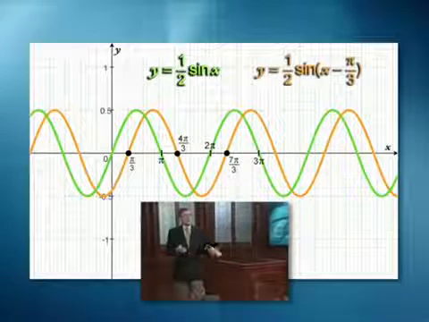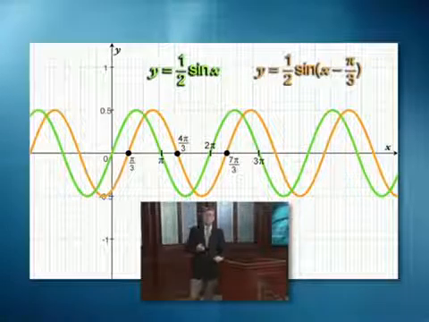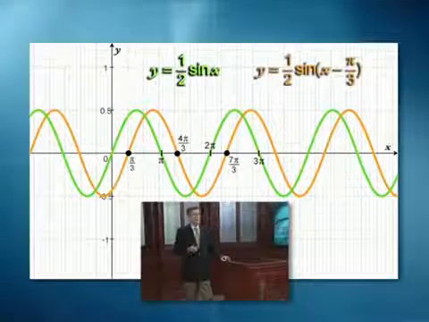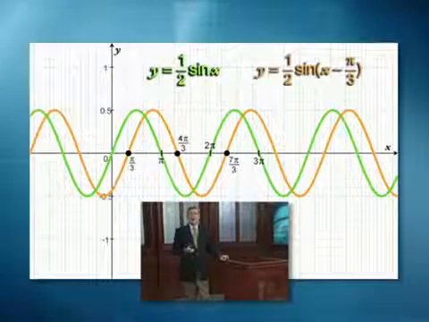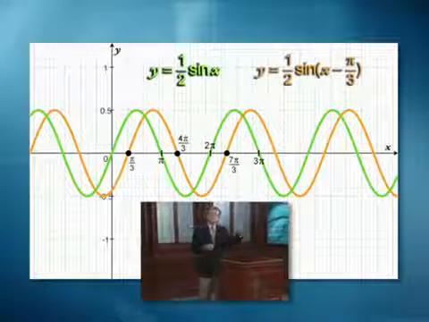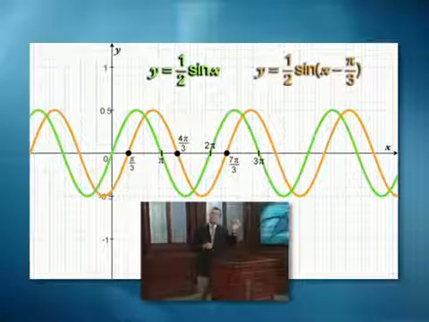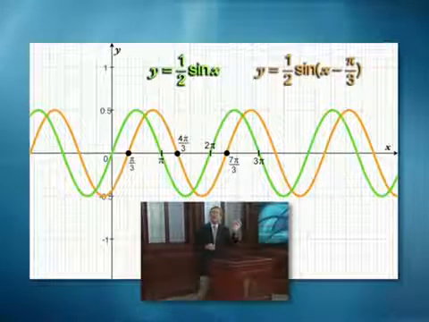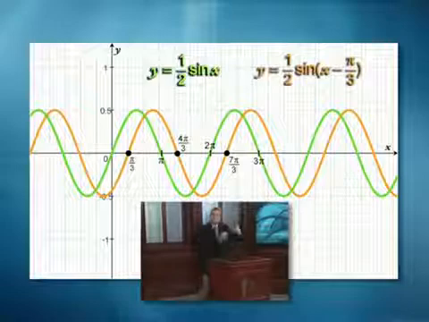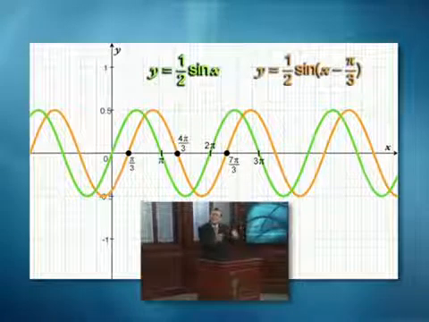Then we've graphed next to it in yellow our shifted sine curve, 1/2 sine of x minus pi over 3. Do you see how it's been shifted? It used to pass through the origin, and now its 0 is at pi over 3. It's just been moved a little bit to the right. Pretty nice, isn't it?